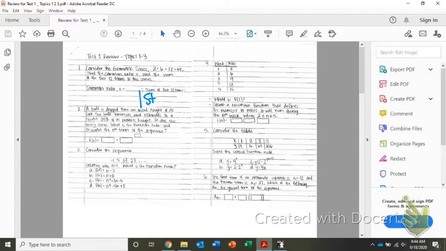So anytime you see nth term and previous height, you know that you are going to have to use that recursive definition. Remember, recursive definition means you have to know the term before to get the term you're looking for.